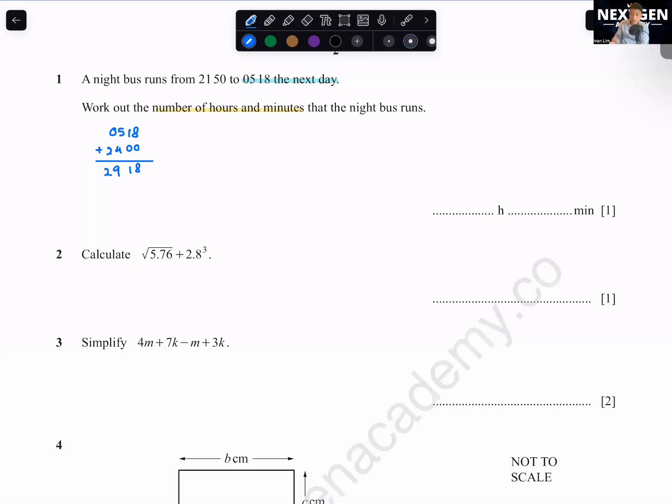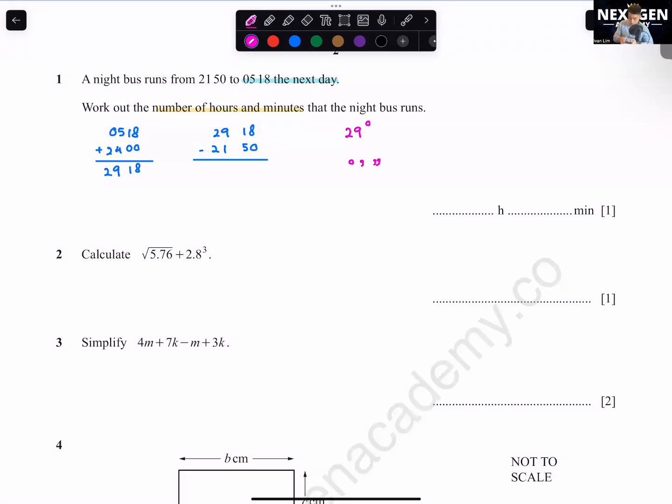How do I find the total time? Remember, I taught you all you can use your calculator to do this also. You're going to take 29:18 minus 21:50. If you're not confident, because sometimes in the exam we make silly careless mistakes, type this working into your calculator. Use the degree, minute, second button.